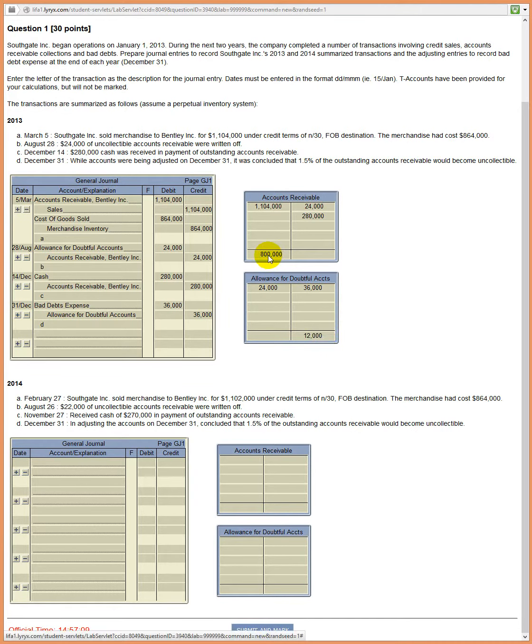Okay, so let's carry forward those balances. The 800,000 goes over here. The 12,000 goes over here. And then I scroll up. February the 27th, Southgate sold more merchandise to Bentley. So we can just drag the same items down here, if you like.